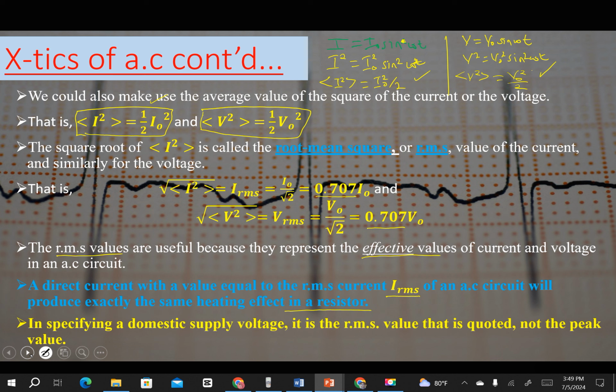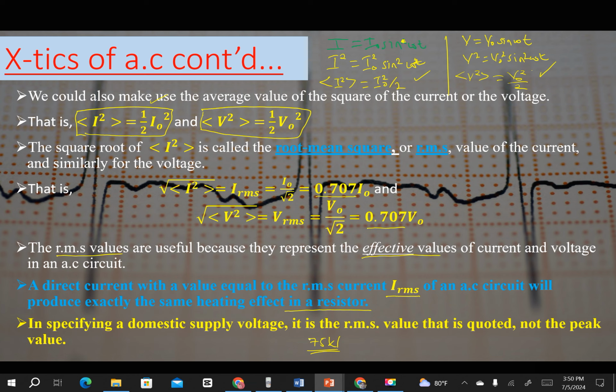In specifying a domestic supply, it is the root mean square value that is quoted, not the peak value. Let me explain this in more detail. When you go to buy a bulb, and they say the bulb requires 75 watts, what does that mean? Remember, at home we are using alternating current.